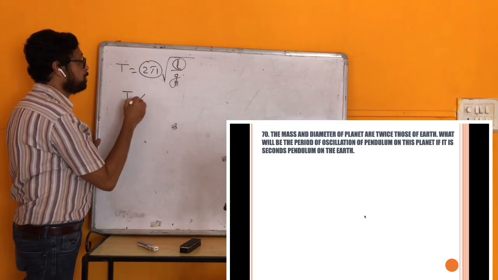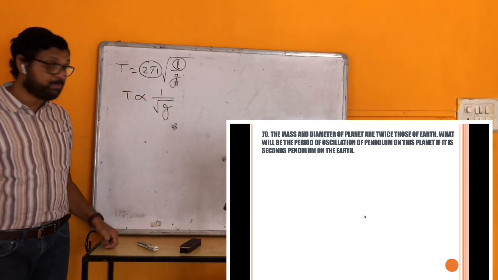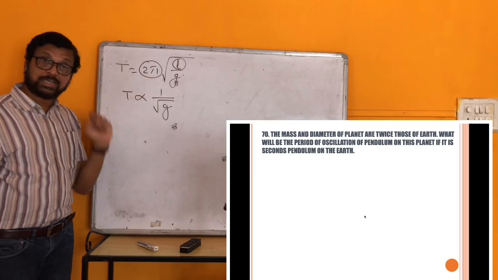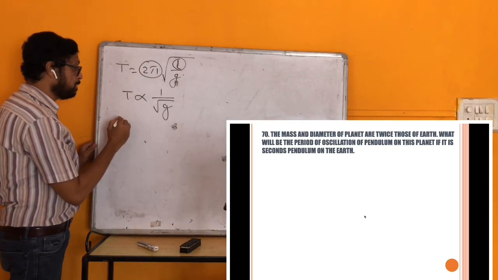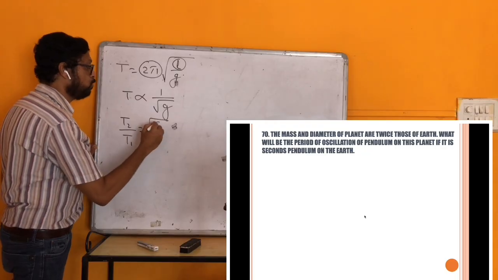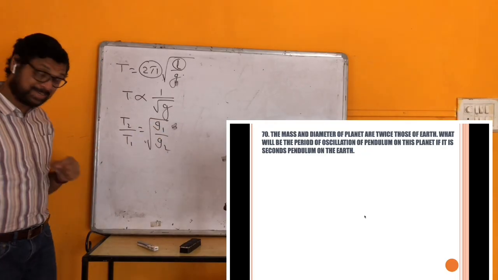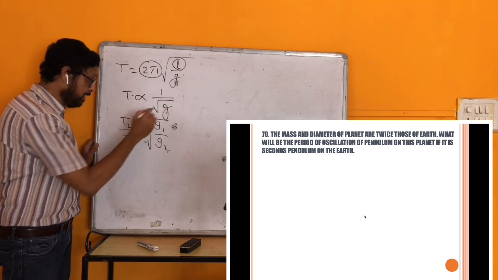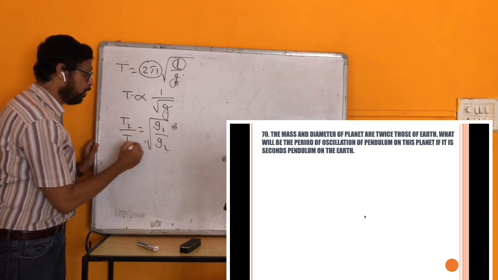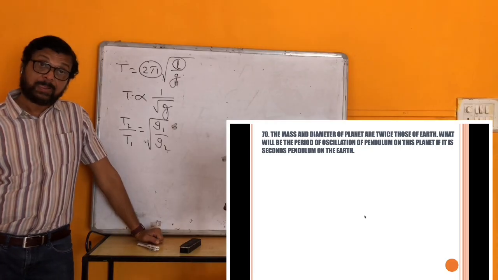Means T is proportional to 1 upon under root G. Second step, constant काढून इक्वेशनचं proportion. मग proportionचं ratio T2 upon T1 is equal to under root G1 upon G2. Isn't it? Inverse proportion आहे तर 2 च्या समोर 1, 1 च्या समोर 2. So T2 upon T1 is equal to under root G1 upon G2.